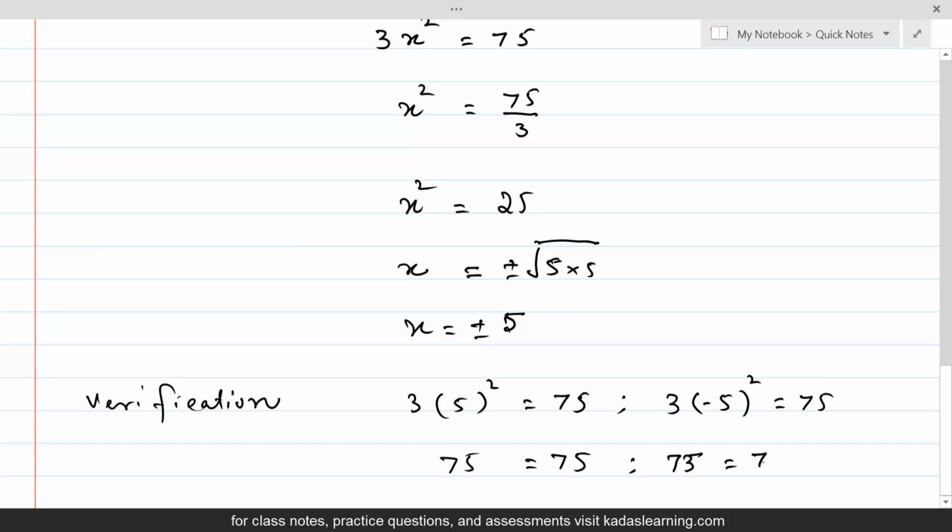This is called the square root property method for solving quadratic equations.